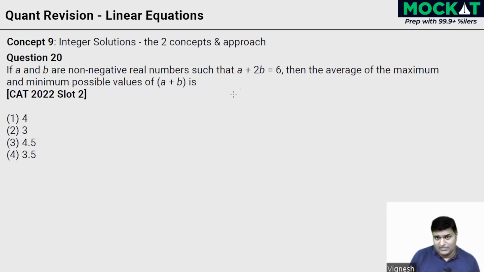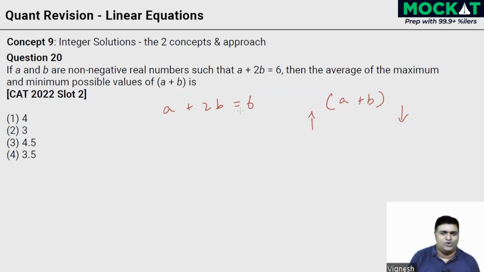So question 20. If a and b are non-negative real numbers such that a plus 2b is 6, then the average of the maximum and minimum possible values of a plus b. I have to find what's the maximum possible value and the minimum possible value of this, right?